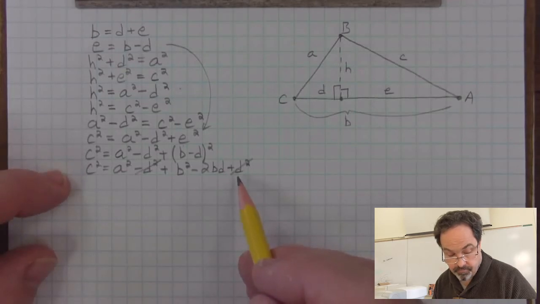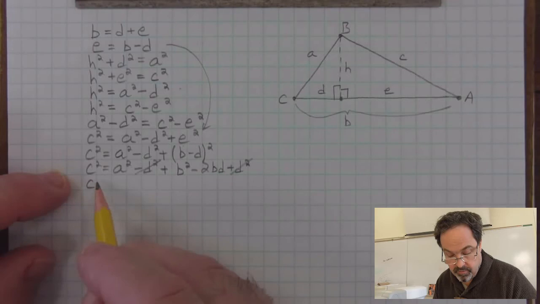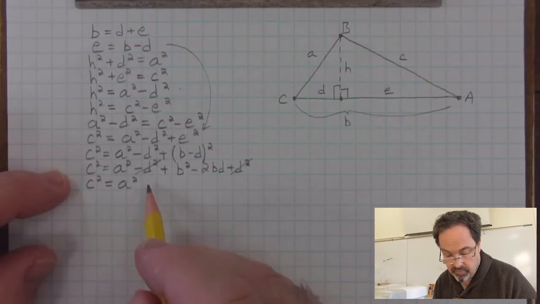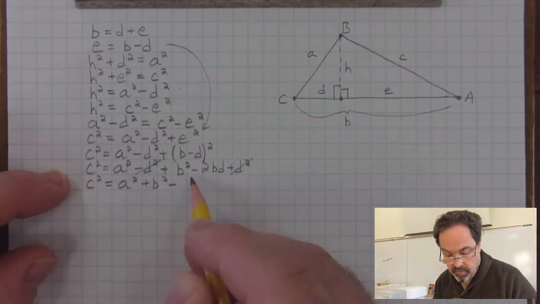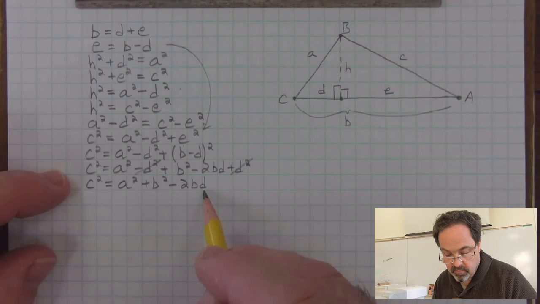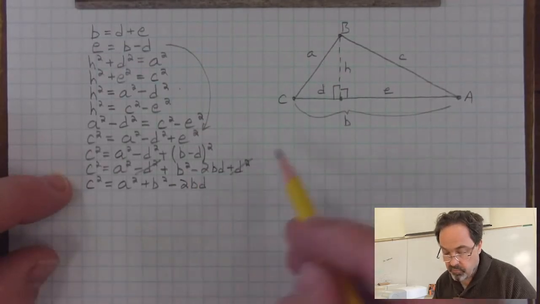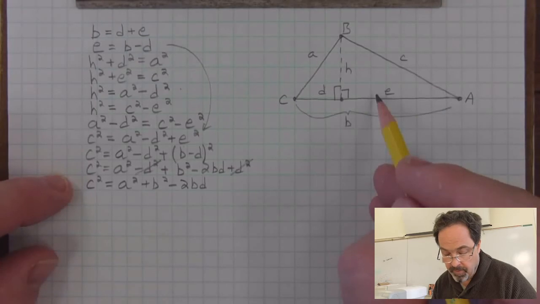Next, I'm going to write c squared, and after I have canceled those terms, I have a squared plus b squared minus 2 times b times d, which is a nice expression to have based on this triangle.